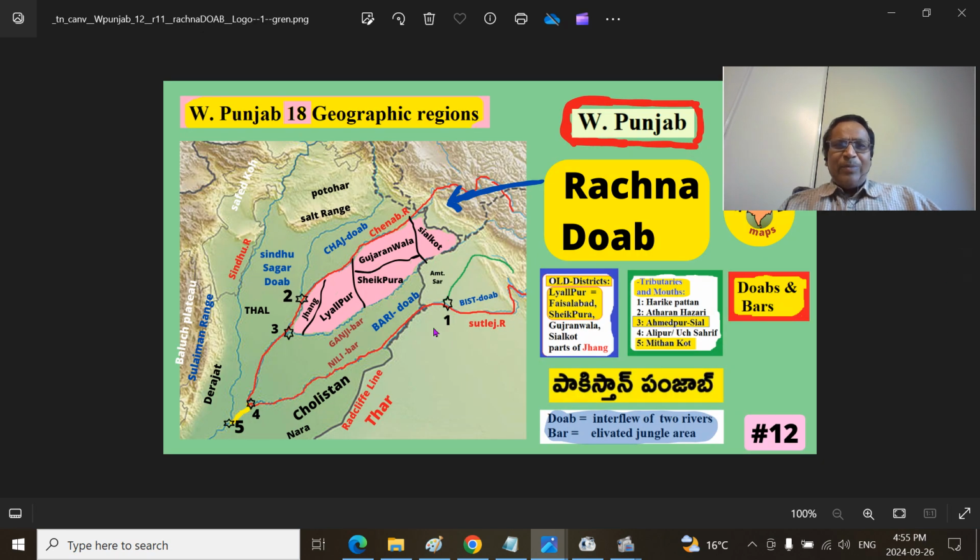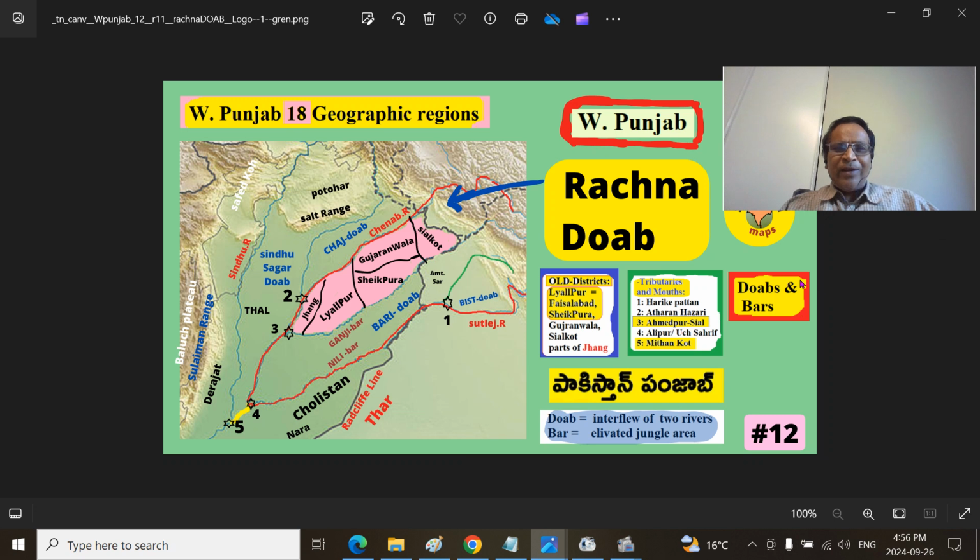And because the rivers here are the Ravi and Chenab, it is called Rachna Doab. Sometimes you also see Rechna Doab, spelled a little differently, because of the local river names when you translate them into English. Satluj is called Sutlej there. So there are a lot of differences, but these names historically stuck in the English language. That's what you have to keep in mind. That's the Doab: the land between the two rivers.